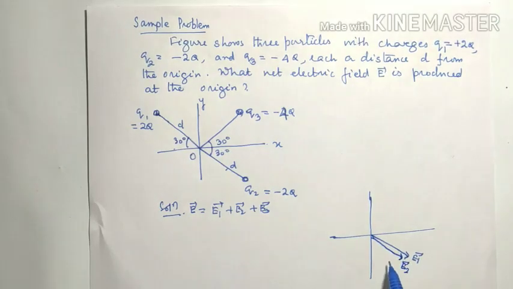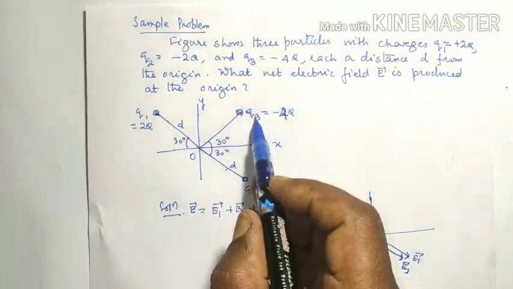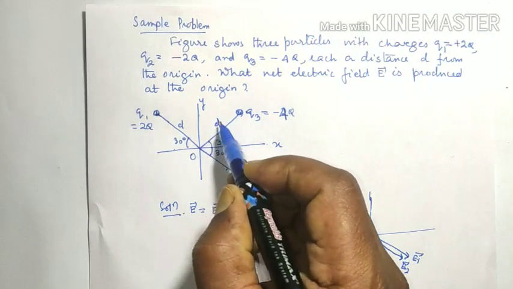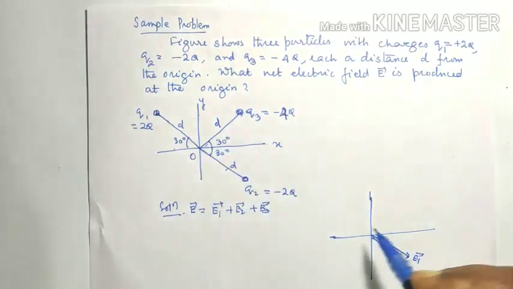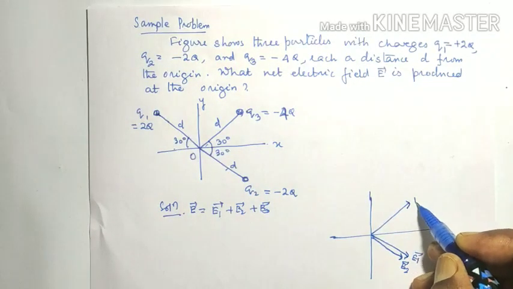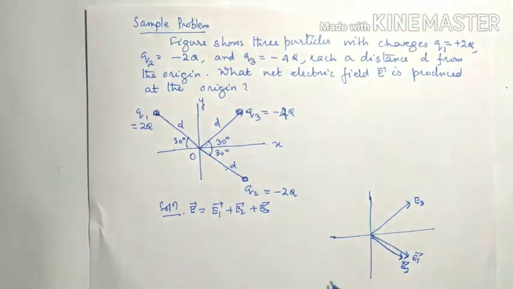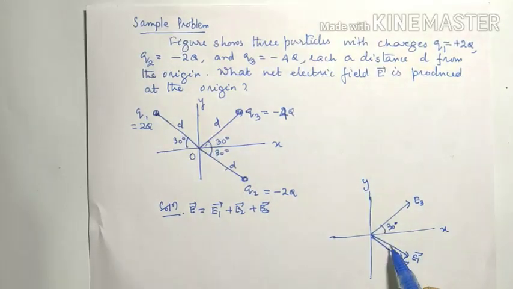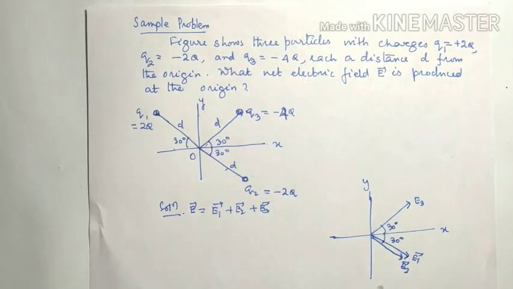So this is E2. Q3 is also a negative charge, so its field is directed towards it, along this direction. This is E3. This angle is 30 degrees with the x-axis, and E1 and E2 also make 30 degrees. Here E1 and E2 are not separated; they overlap each other in the same direction.